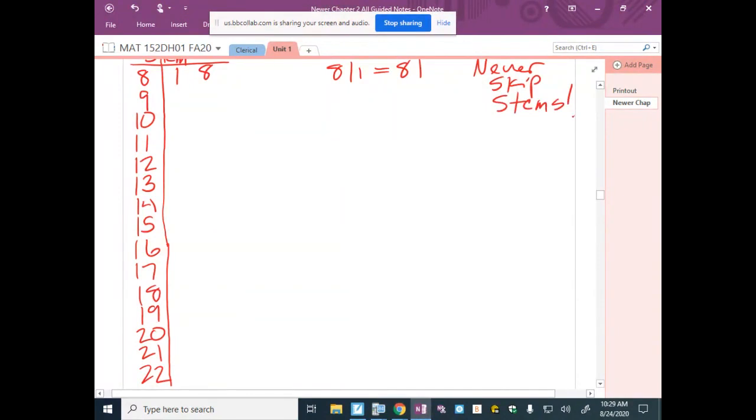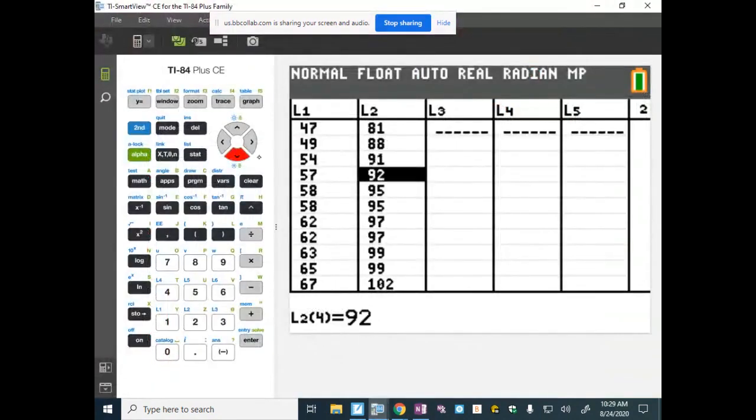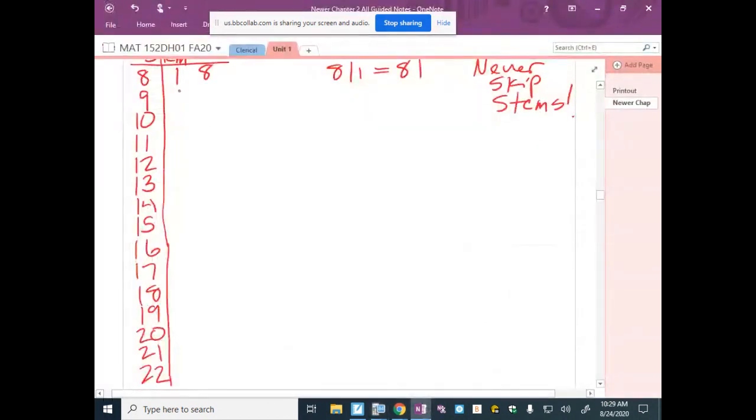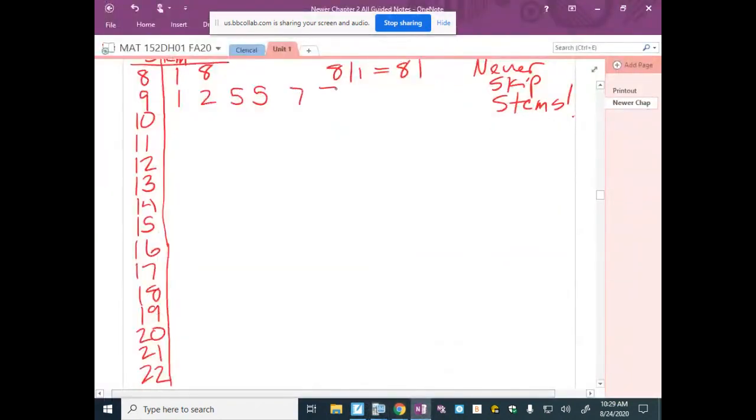Never want to skip stems. So the leaves for our 90s would be 1, 2, 5, 5, 7, 7, 9, 9. And you do repeat them if there are repeats.